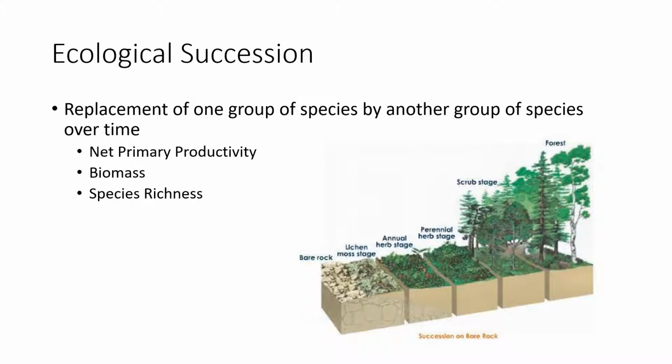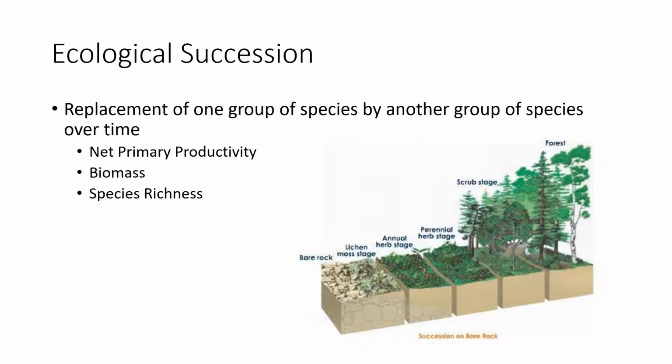So ecological succession is the replacement of one group of species by another group over time. If you start in the beginning, each successive stage is supported by the one before it. If you look in the picture below, you start with nothing at bare rock.